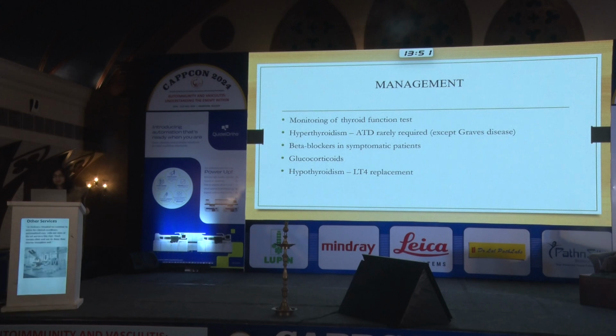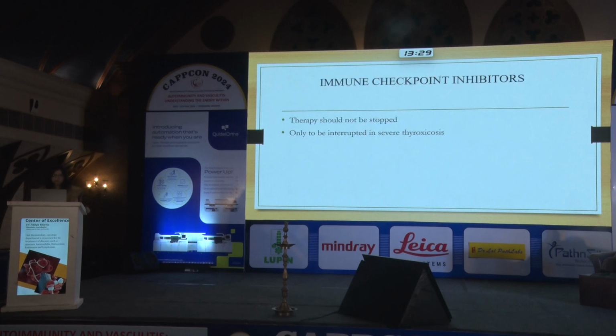For hyperthyroidism, antithyroid drugs are rarely required because, as I mentioned, these are usually destructive thyroiditis and they usually resolve, restoring the patient to a euthyroid state or to permanent hypothyroidism. Beta blockers are required in symptomatic patients to tide over the thyrotoxic phase. So what about the immune checkpoint inhibitors? As far as thyroid dysfunction is concerned, therapy should not be stopped.